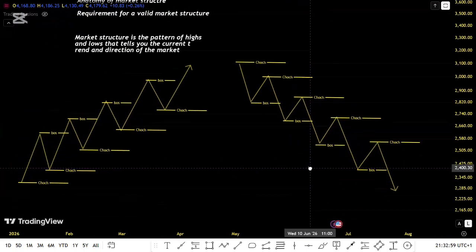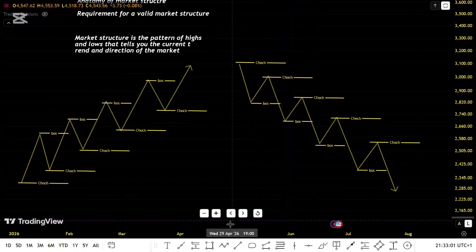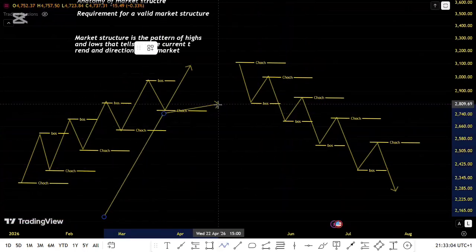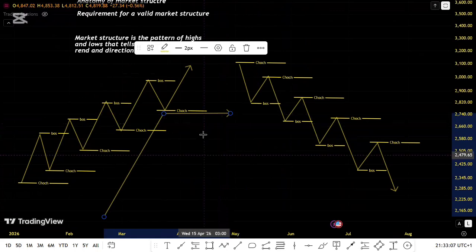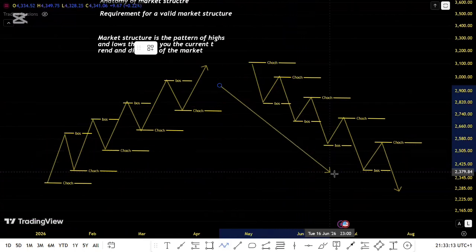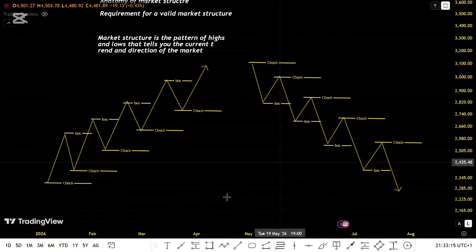So we have succeeded in looking at what? Bullish market structure, right? Okay, in looking at the bullish market structure and then the bearish market structure.